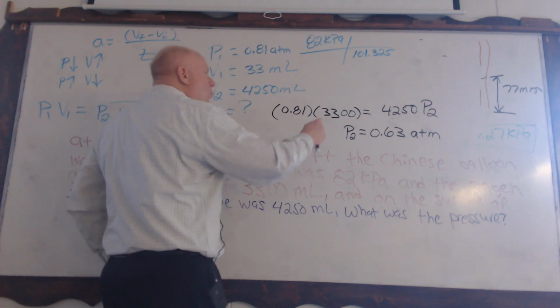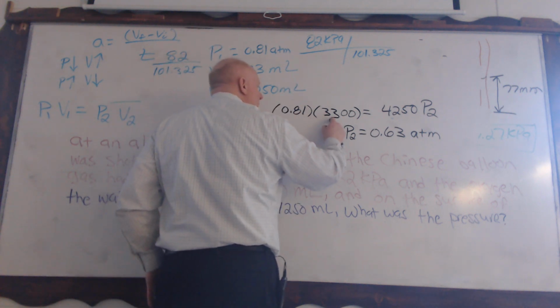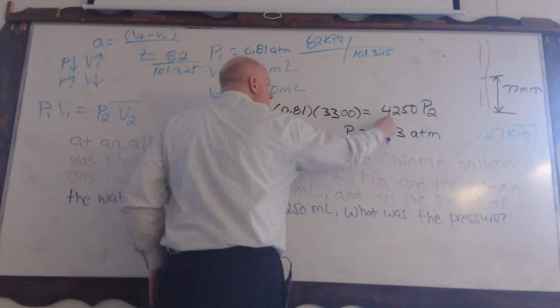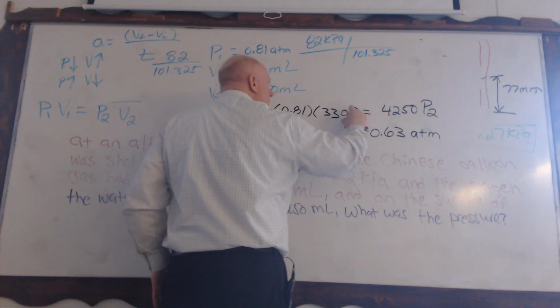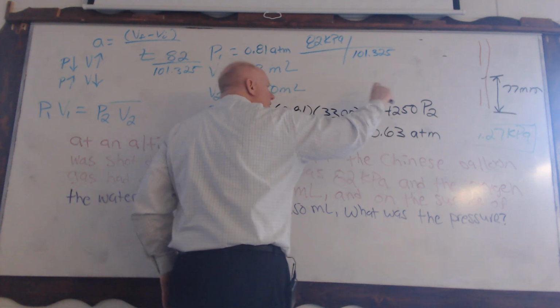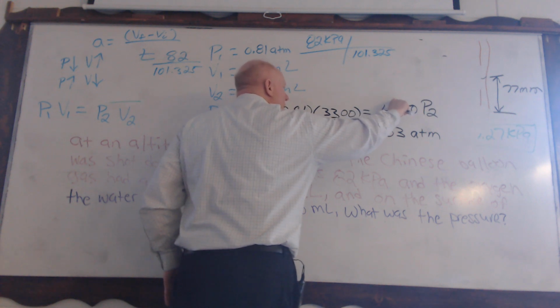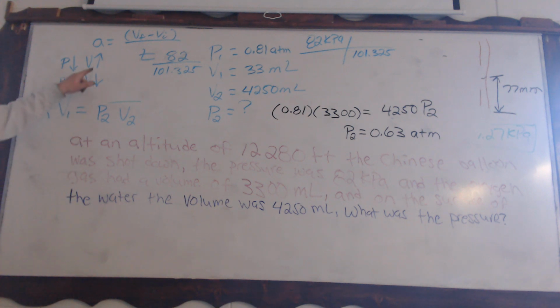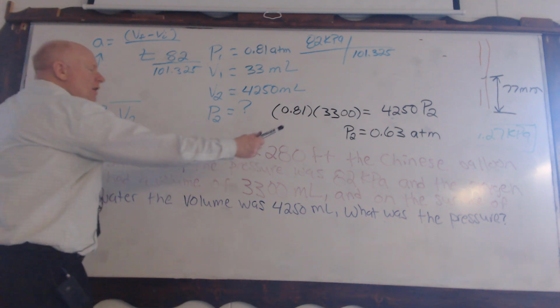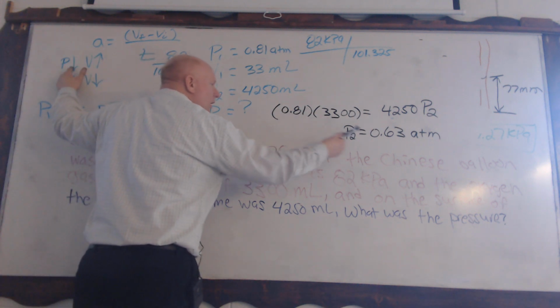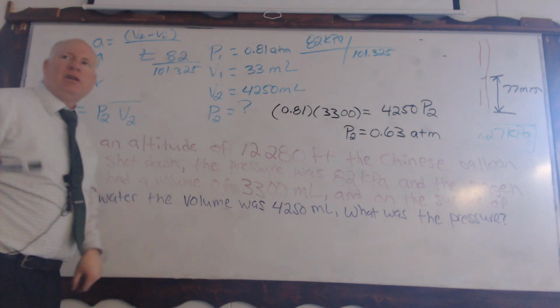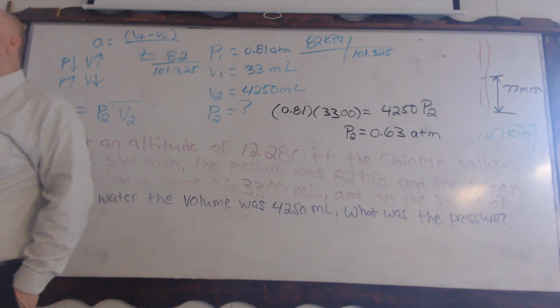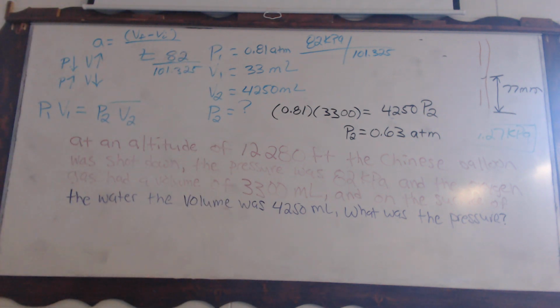What did the volume do? It went from 3,300 to what? It went up. So what that tells us is if the volume is going up, the pressure should be going down. So we started at 0.81 and went down to 0.63. So that's one of the things that you can use to tell yourself if you're moving in the right direction.